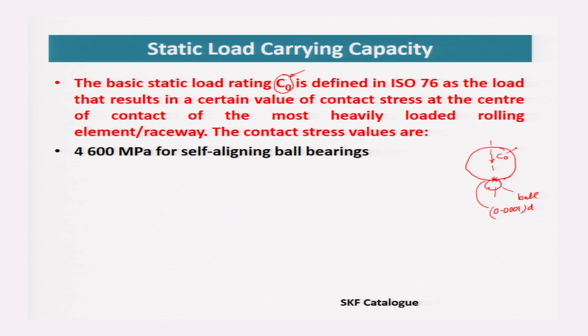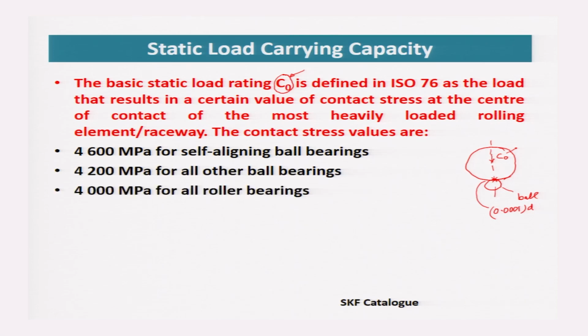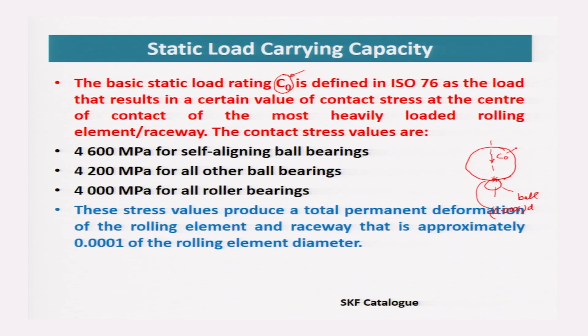So, the maximum value recommended by ISO 76 is 4600 megapascal for self-aligning ball bearings, 4200 megapascal for all other ball bearings, 4000 megapascal for all roller bearings. These stress values produce a permanent deformation of the rolling element and raceway that is approximately 0.0001 of the rolling element diameter.